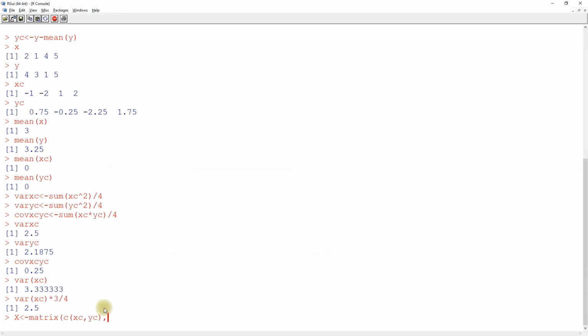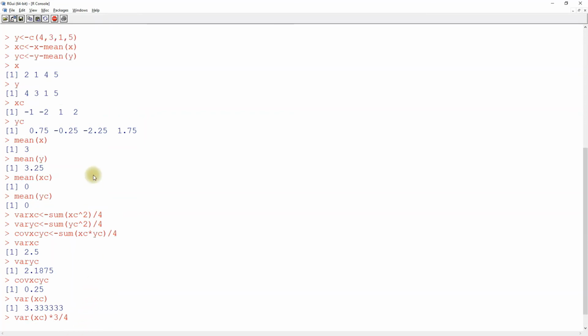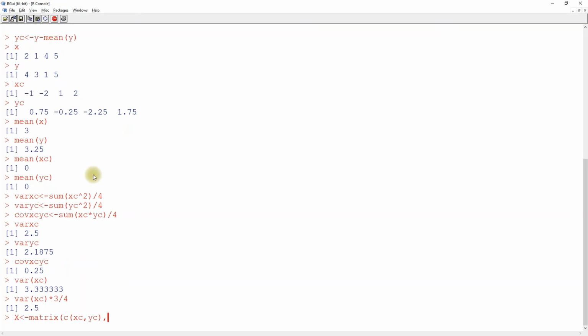But you need to state that you want a matrix with 4 rows and 2 columns, because n is 4 and p is 2 in our example.